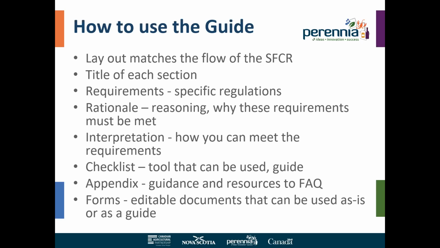So how do you use this guide? The way the guide is laid out is it's laid out to match the Safe Food for Canadian regulations. So if you click on the Safe Food for Canadian Regulations, the PDF that's available on the CFIA website, you will see that this guide is laid out exactly like that. So each section has its own title. As we went through the table of contents, when we get to the preventive controls, you will see that that's Division 4.